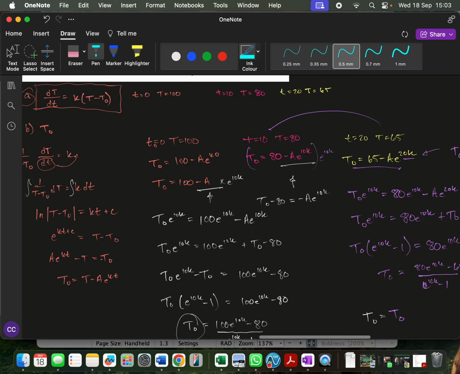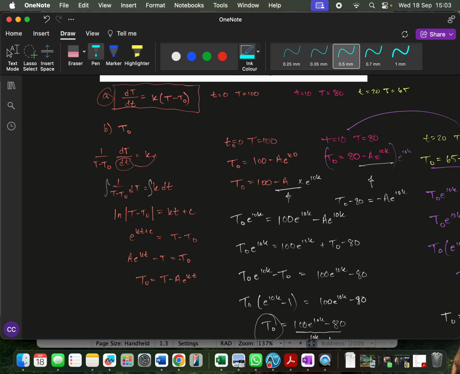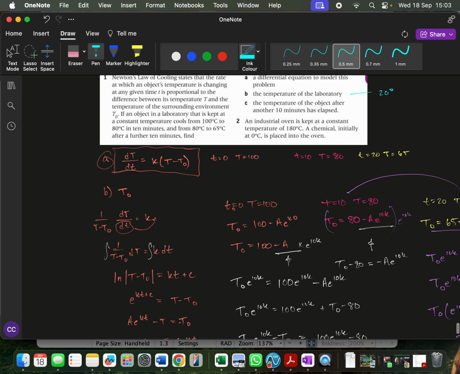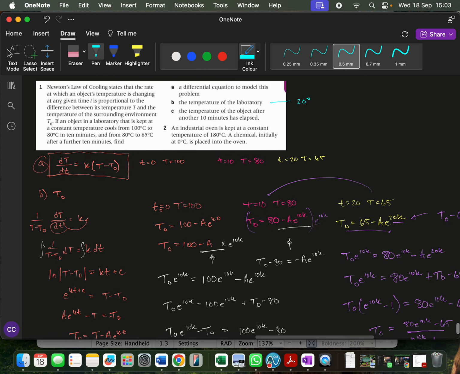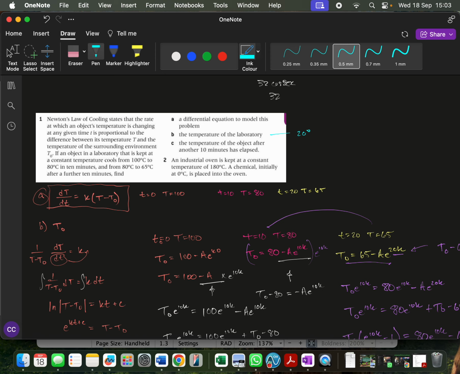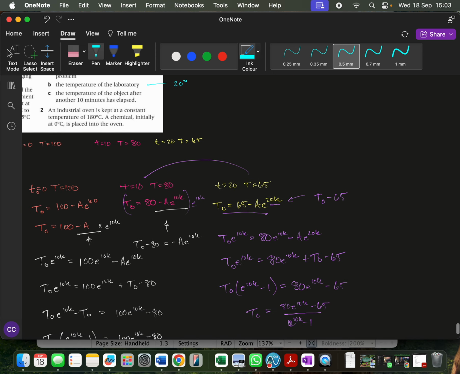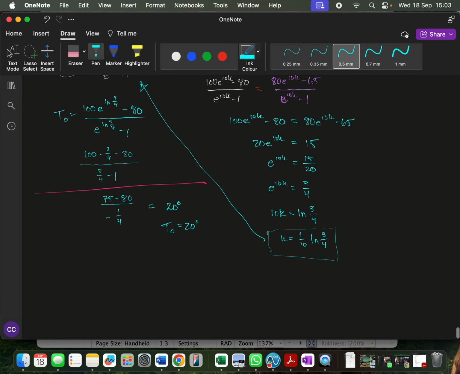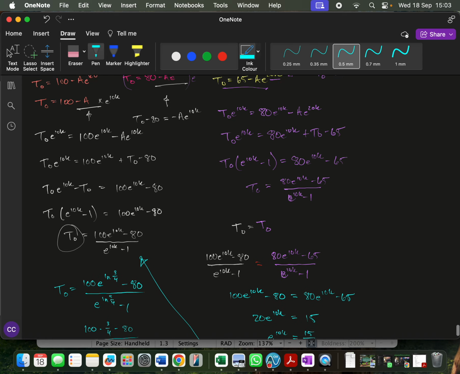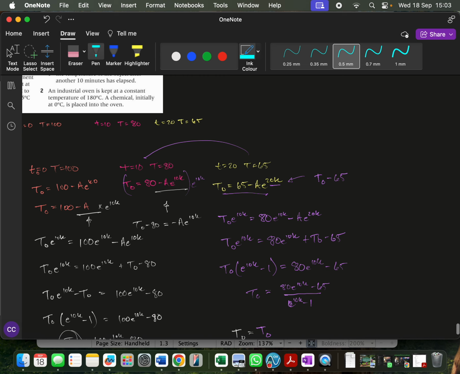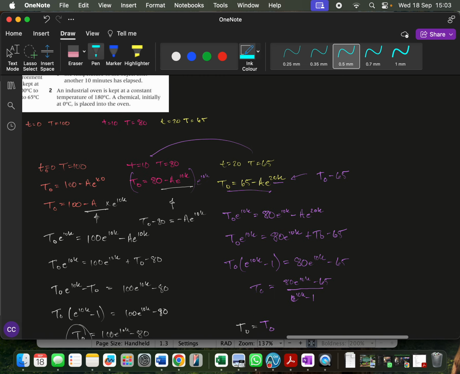Okay, the temperature is going to be, well, we now know what the original temperature is. We just need one of these equations that relates the original temperature to the next one.